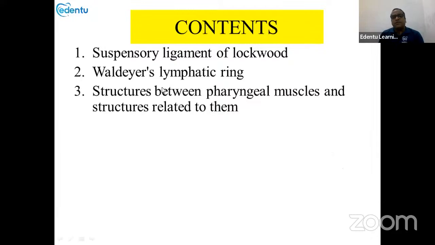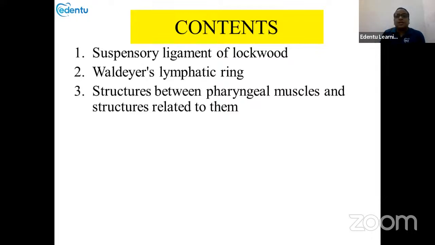Okay. So before we start, let me tell you the contents we are going to talk about today. First and foremost, we'll start with easy questions and then we'll increase the difficulty level. First, we'll start with the suspensory ligament of Lockwood, which is a short answer in any university. Then Waldeyer's lymphatic ring, a very, very important question.